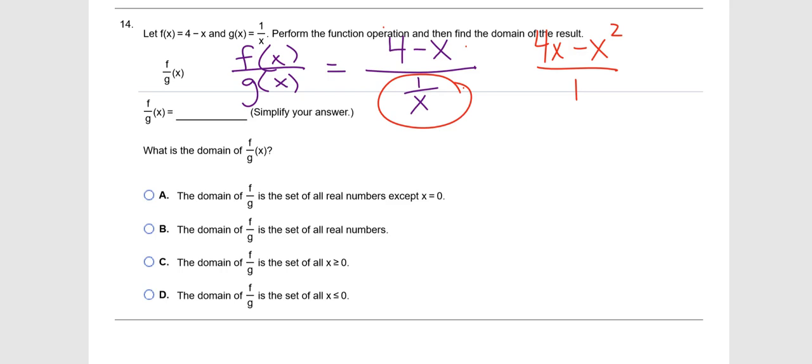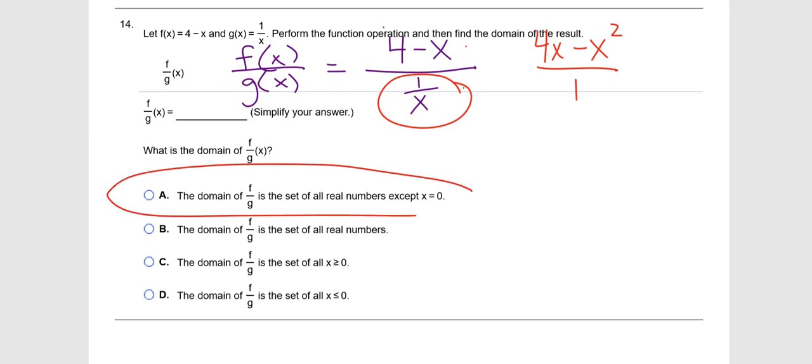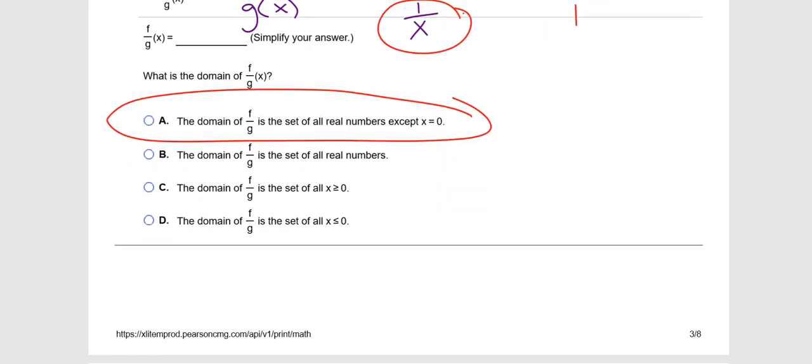A, B, C, or D? Is it all real numbers? Is it letter B? No? What is it? It is A. Any number except 0. 0 causes me a problem.